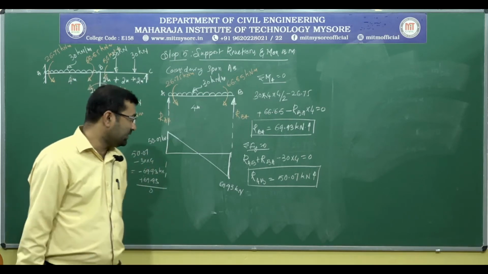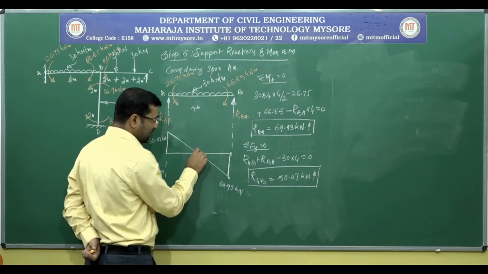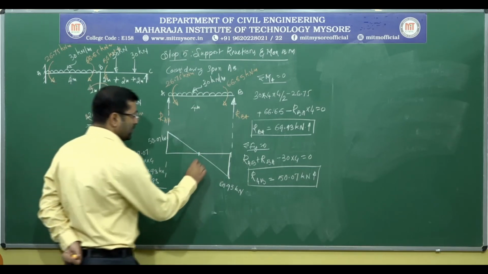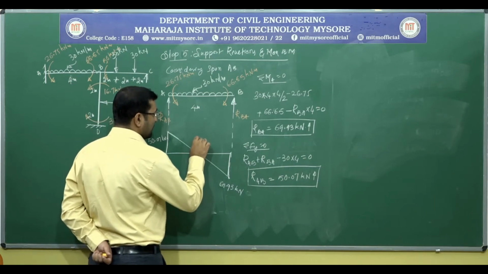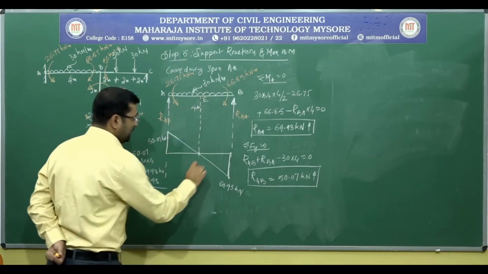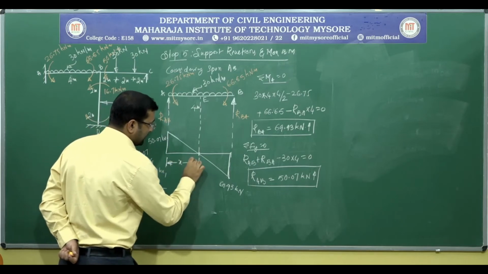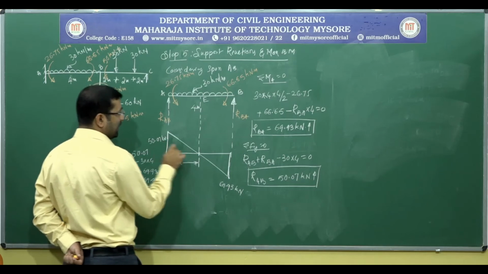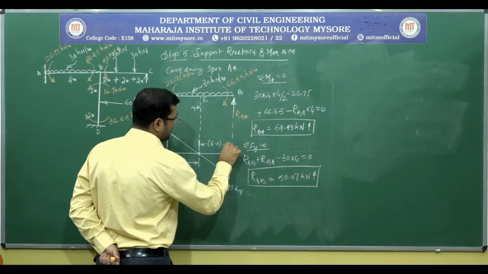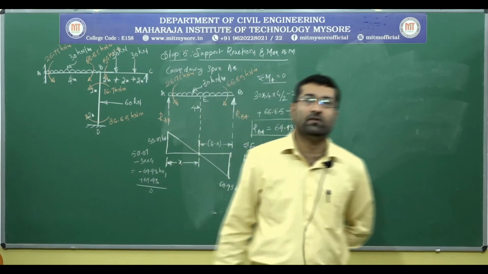In this shear force diagram, at one particular point the shear force line is crossing the datum, that is a point where the shear force is 0. Let us call this point E. It is at a distance x from point A and at a distance of 4 minus x from point B. Now we need to determine the value of x.